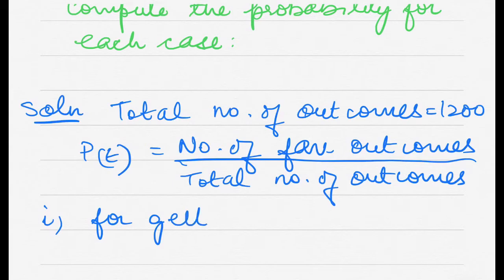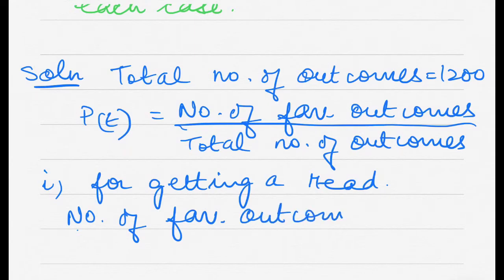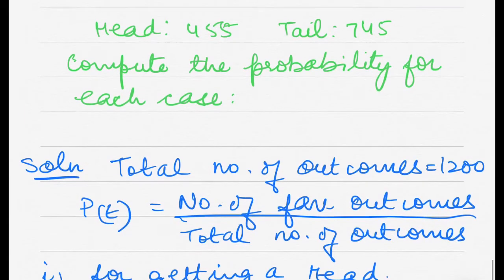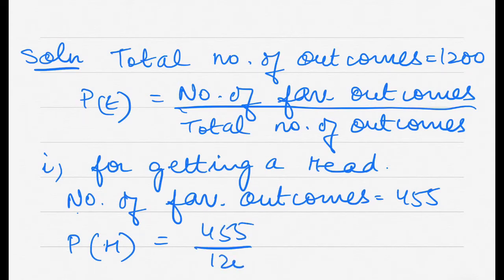So first I'll take getting a head. The number of favorable outcomes for getting a head is 455, right? So my probability of getting a head will be equal to 455 by 1200.